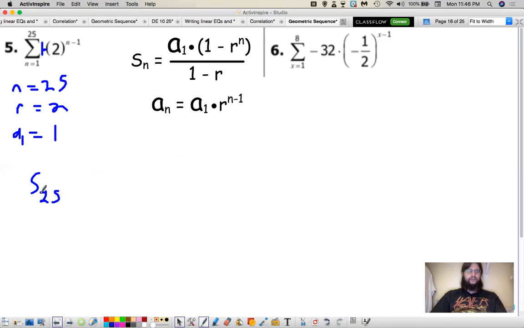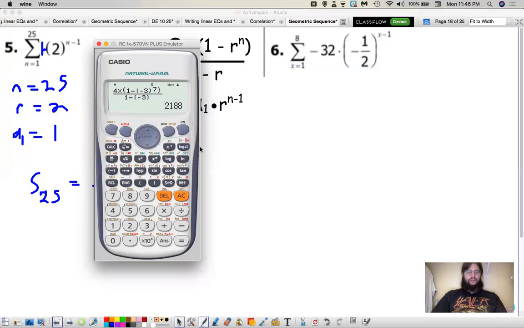S25 equals 1 times 2 to the 25 over 1 minus 2.